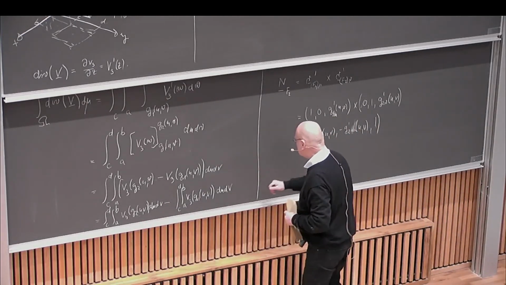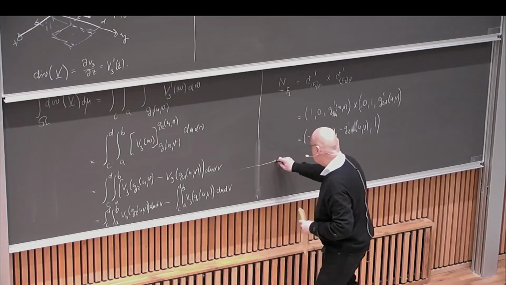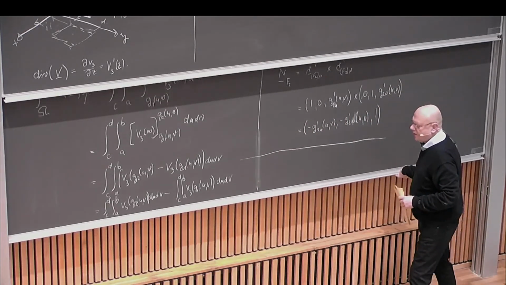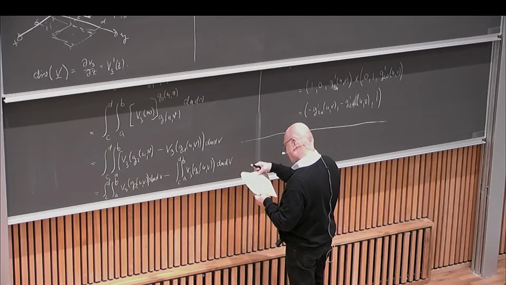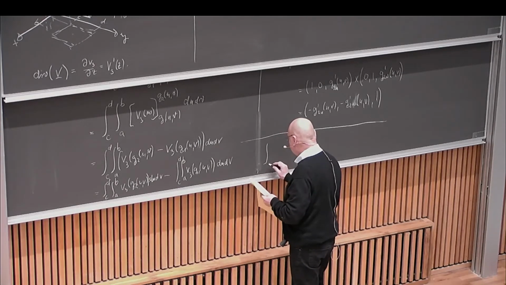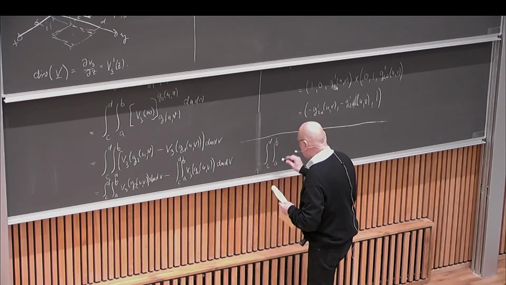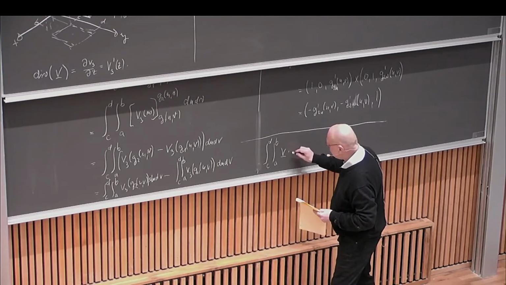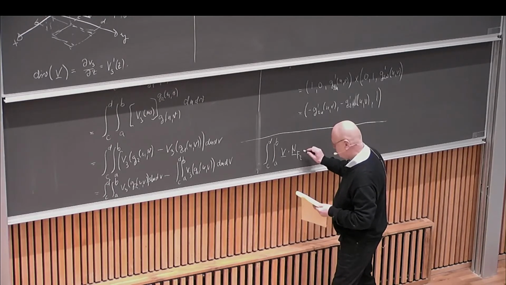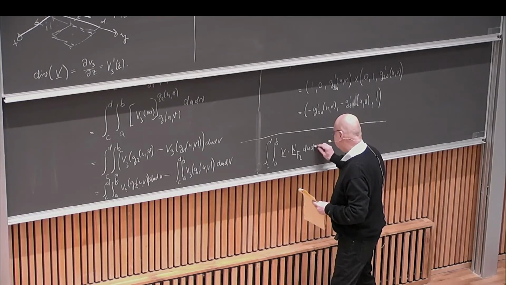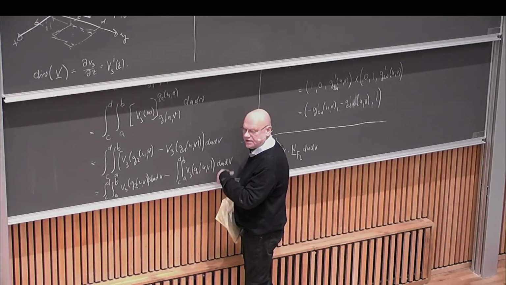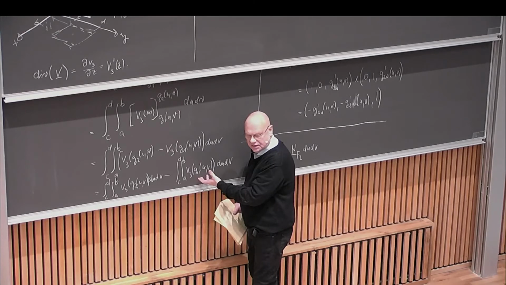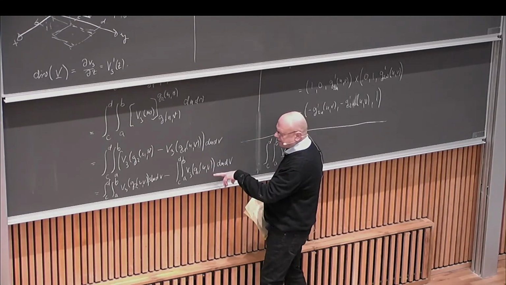So I can write this, let me just continue the writing here. I can write this as the integral from C to D, and then from A to B of my vector field times this normal vector, du dv. And quite similarly, I can write this integral here as a dot product of the vector field V and then the normal vector to G1.